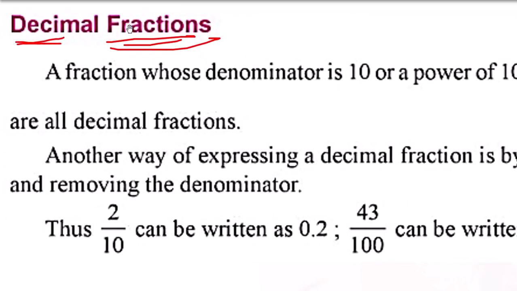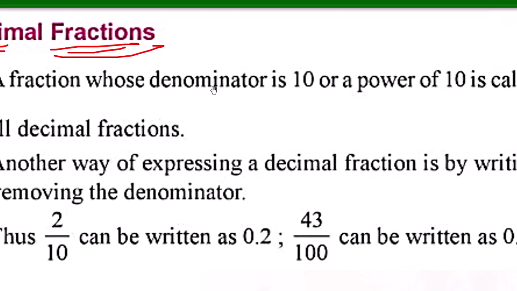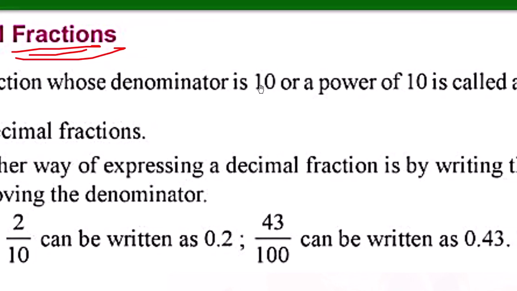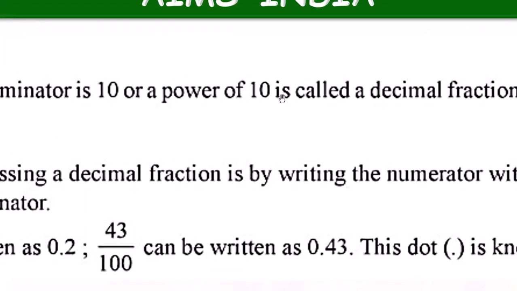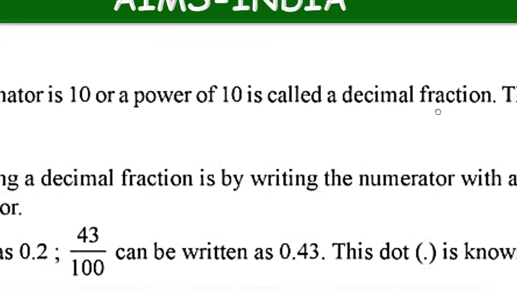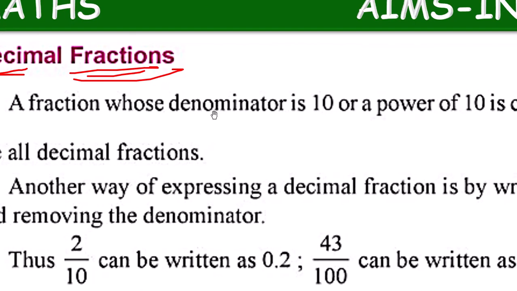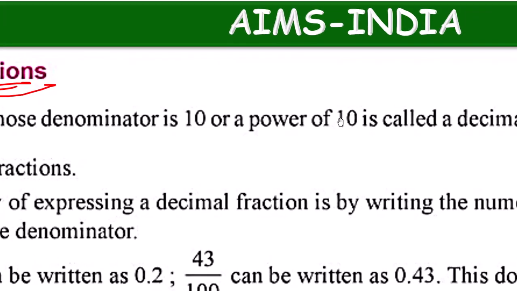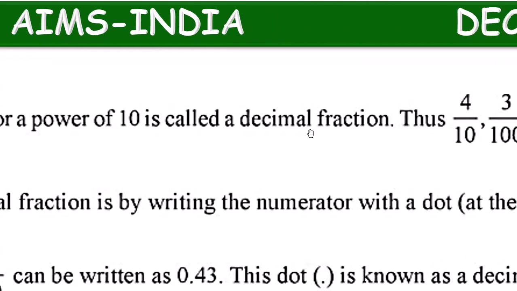A decimal fraction means a fraction whose denominator is 10 or a power of 10, like 10 square, 10 cube, or like 100, 1000. If the denominator has 10 or powers of 10, then that fraction is called a decimal fraction.